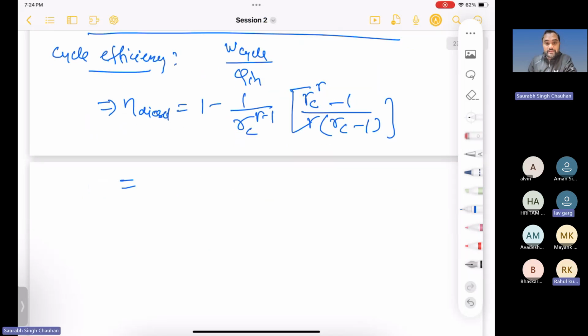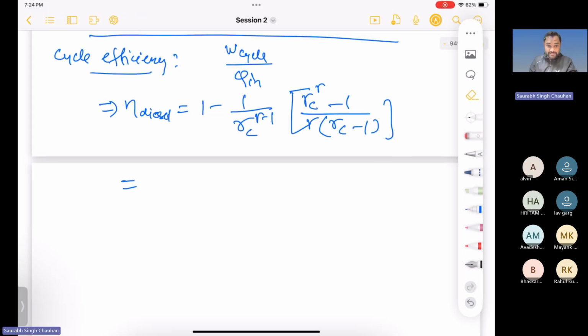RC is the compression ratio, and this is the cutoff ratio. Please check.